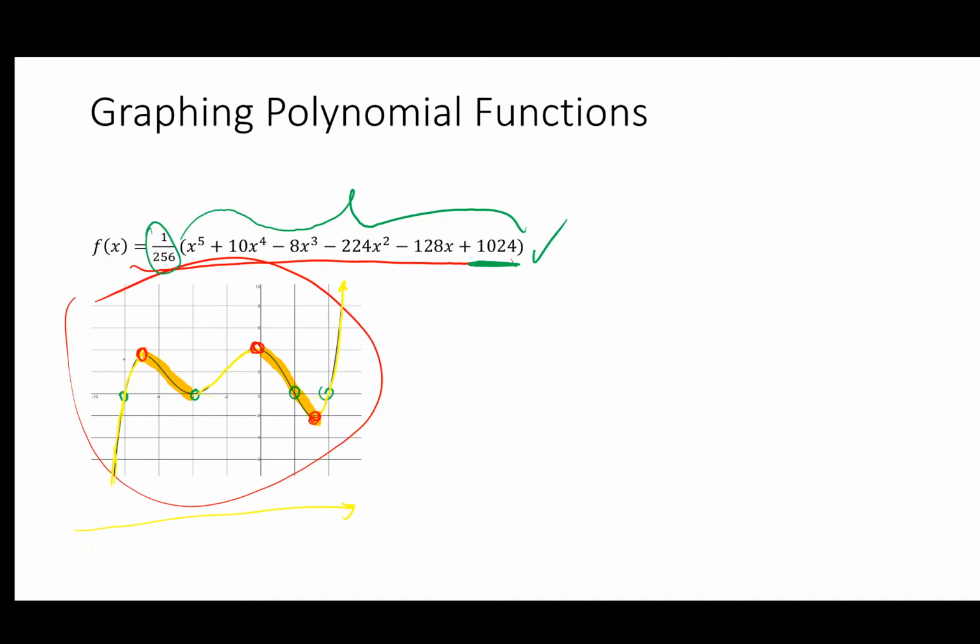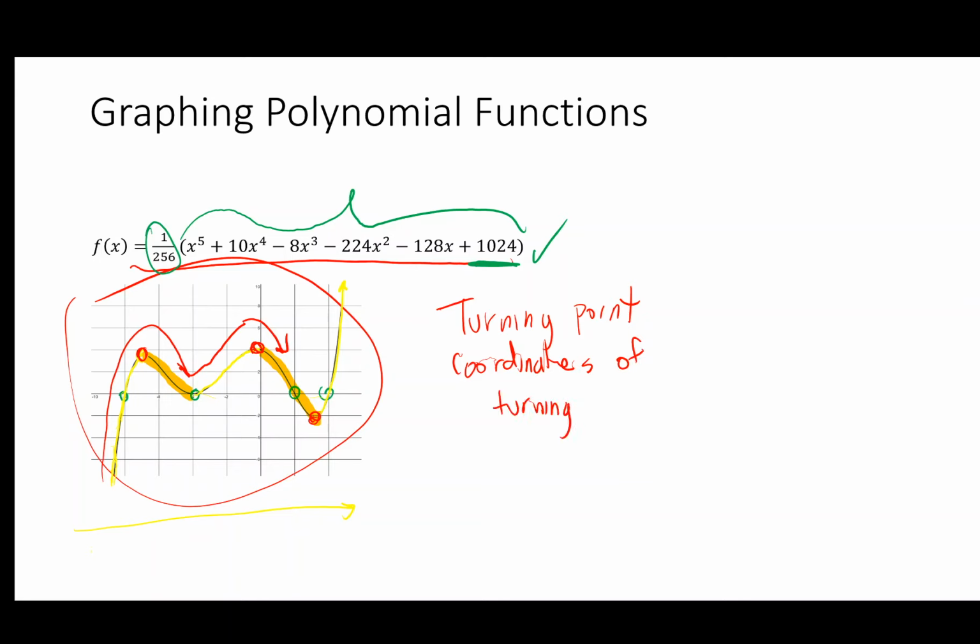Those points are also called, when it comes to a polynomial, turning points. Turning from going up to going down, it's turning. From going down to going up, it's turning. And that's what a turning point is. And we need to know the coordinates of turning points. That's pretty important.